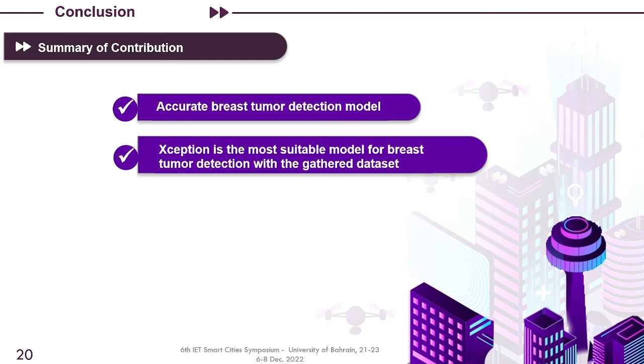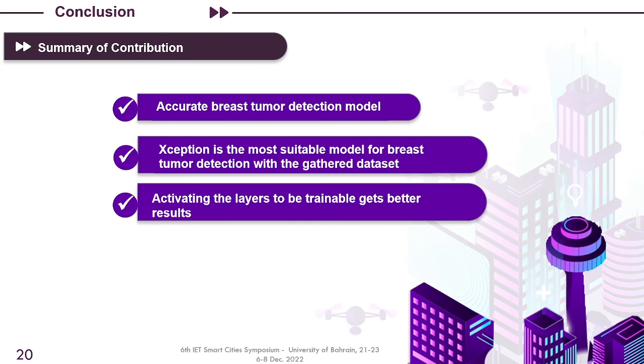The Xception with trainable layers had the best results among the others with 99.9% accuracy, which makes it the best pre-trained model for breast tumor detection with this dataset. And we also managed to prove that using pre-trained models without training the layers is not useful in our situation according to the results.